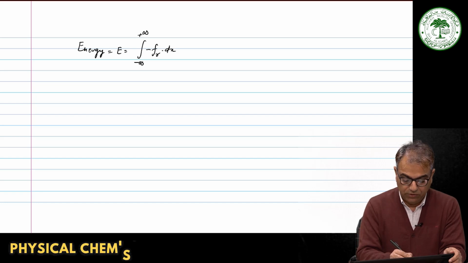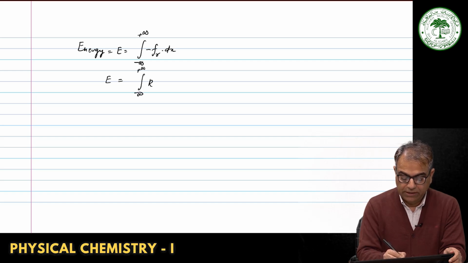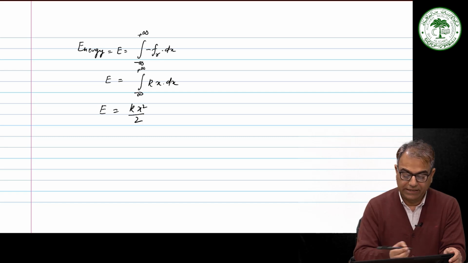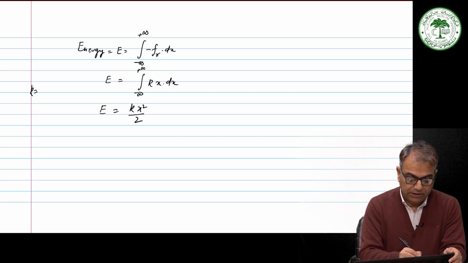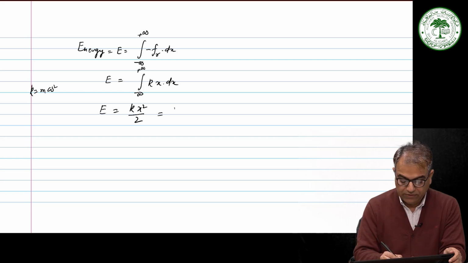Fr is minus kx, so energy will be the integral from minus infinity to plus infinity of k into x dx, and so energy we can write as k x square divided by 2, and k is m into omega square, so we can write 1 by 2 m omega square x square. This is the potential energy of the system.